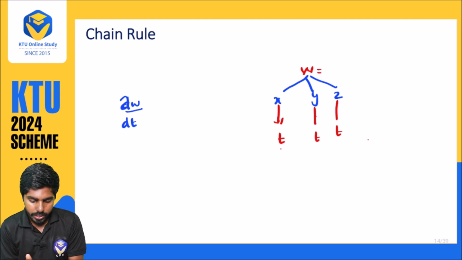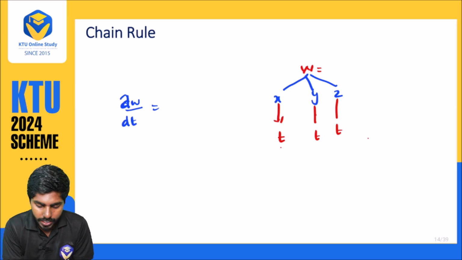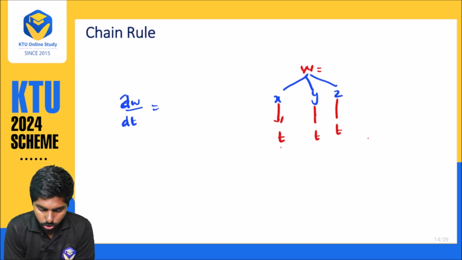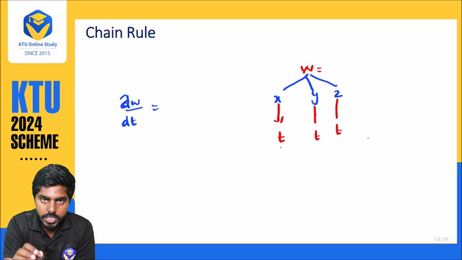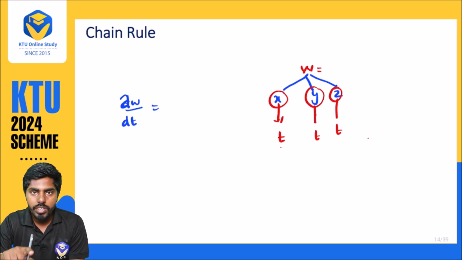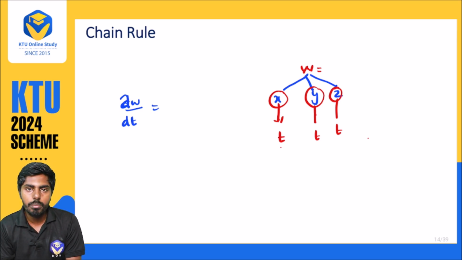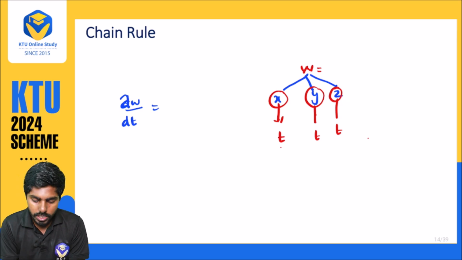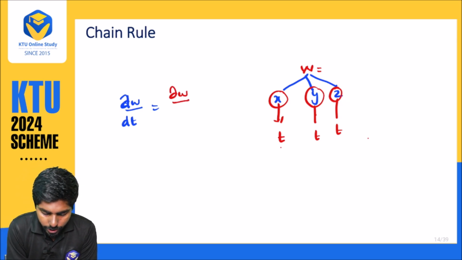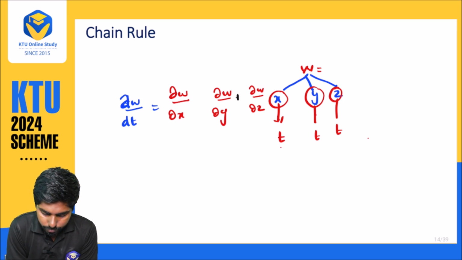Dw divided by dt. The formula will depend upon that chain diagram. So how can we write it? w is depending upon three independent variables. When a variable depends upon three independent variables, we will be taking partial derivatives. That means dou w by dou x, dou w by dou y, dou w by dou z, with a plus symbol in between, plus here also.